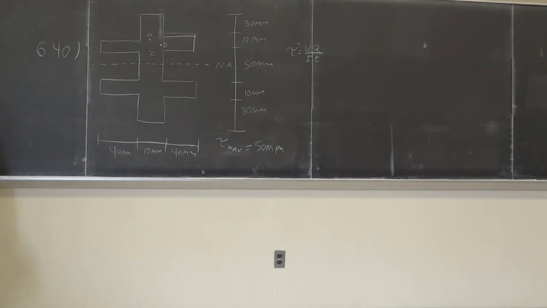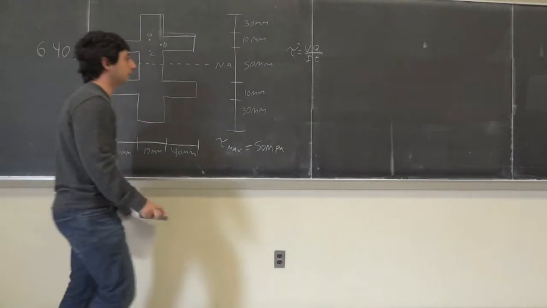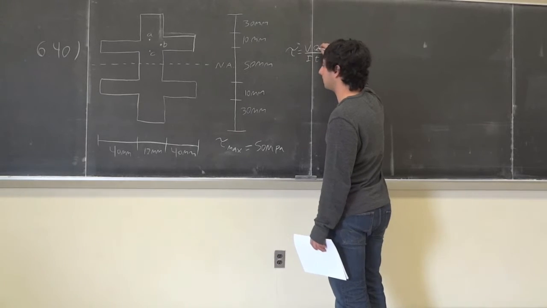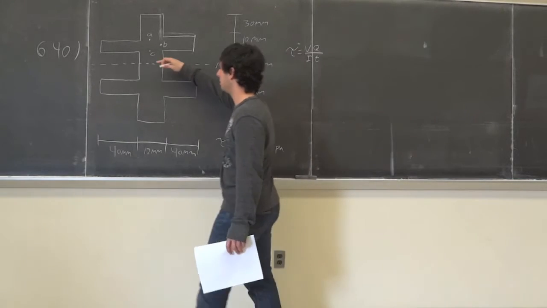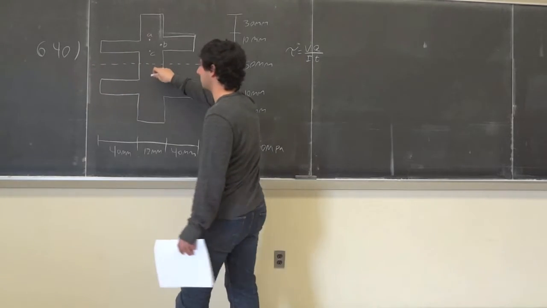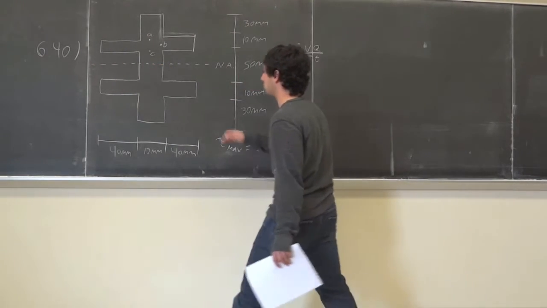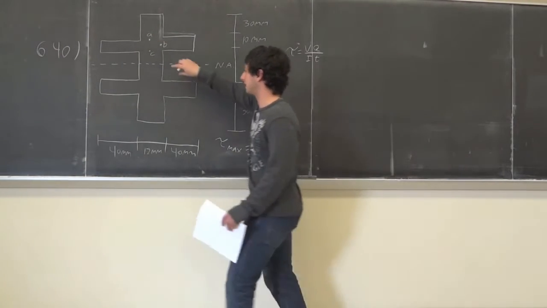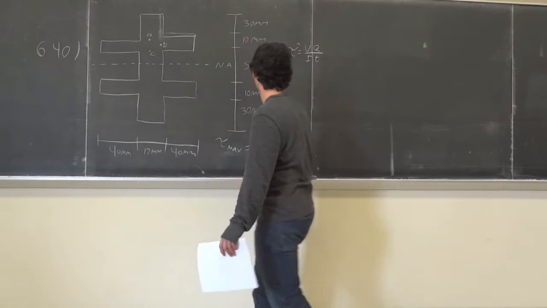Let's find I first, because I is pretty easy to find. For Q we need to draw a section, just the upper half. Remember, the maximum shear occurs at the neutral axis, so we just draw the upper half of this beam. And T is just the thickness of this beam over here, which is 12 millimeters.